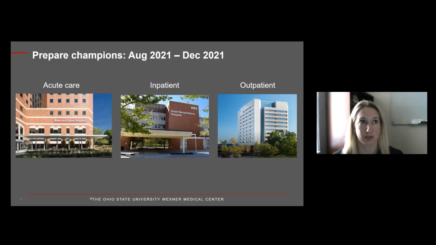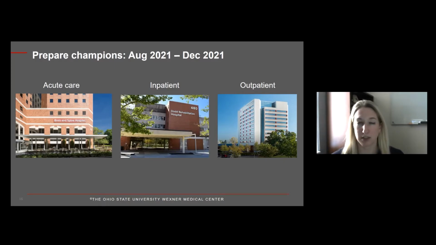So we need to make sure that we have their buy-in and that they serve as that frontline resource to other practitioners. So we identified and prepared champions to be experts in implementing the Fugl-Meyer and the Action Research Arm Test. So we identified a champion in acute care, in inpatient, and outpatient.